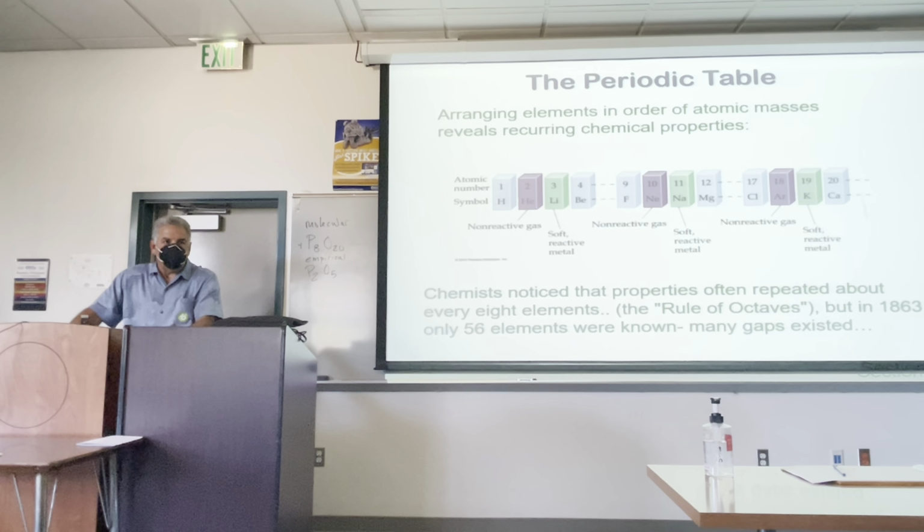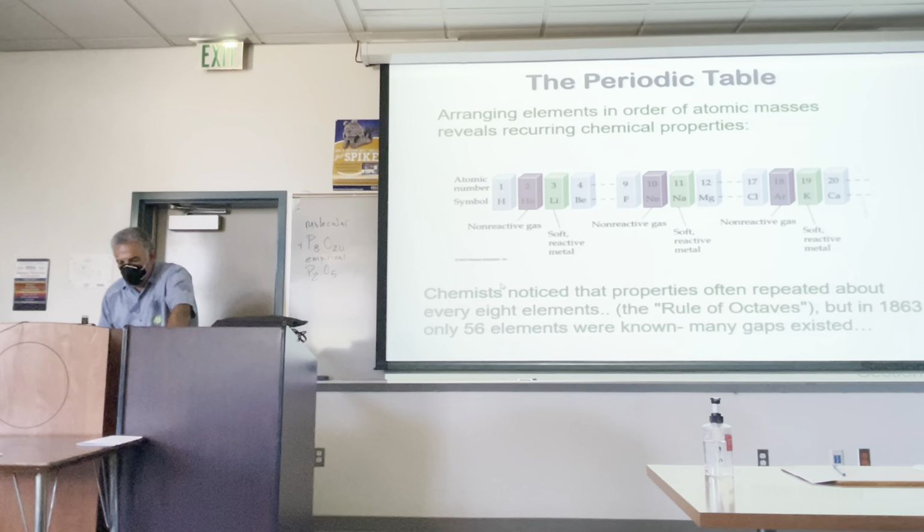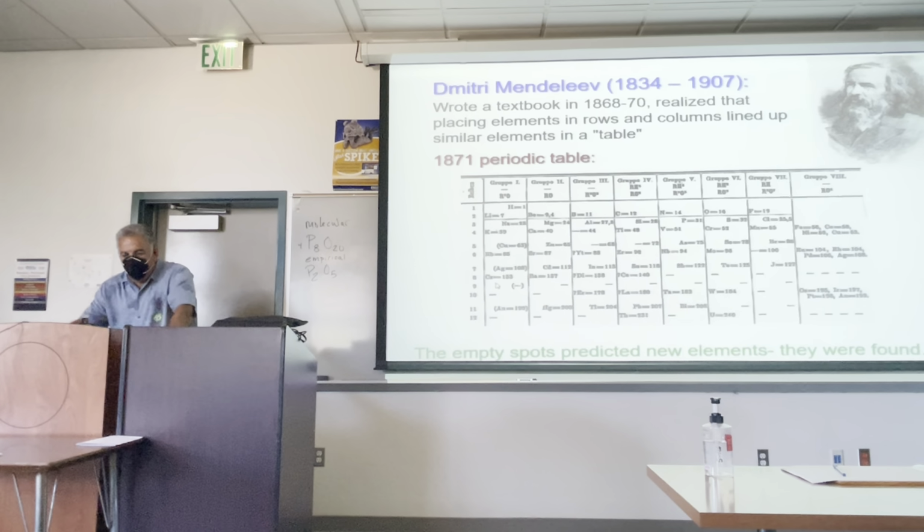So 170 years ago, we were only at 56, and now we're at 118. So this guy, Dmitry Mendeleev, wrote a textbook, and he lined up the elements the best he could at the time.